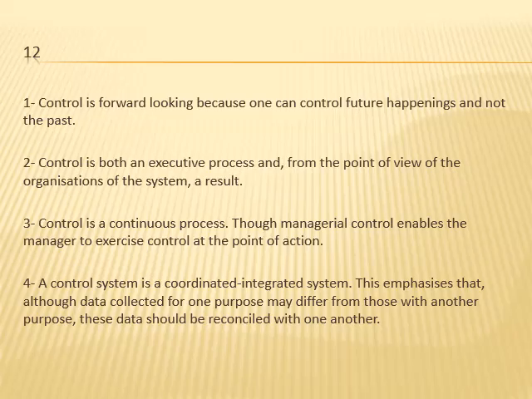Now, check the relation between controlling and other managerial functions. Control is closely related with other functions of management because control may be affected by other functions and may affect other functions too.